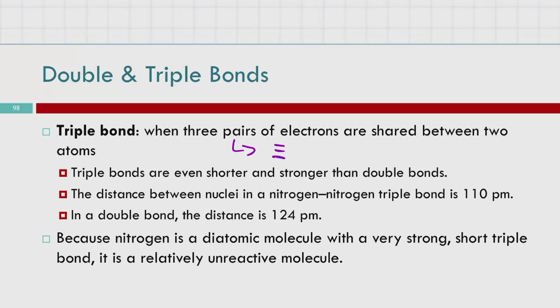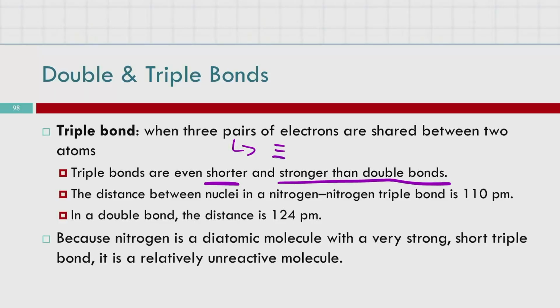Today you learned, or you already knew, those 3 pairs of electrons shared between 2 atoms. Triple bonds are shorter and stronger than double bonds, so they're also stronger than single bonds. This is nice. This is helpful.